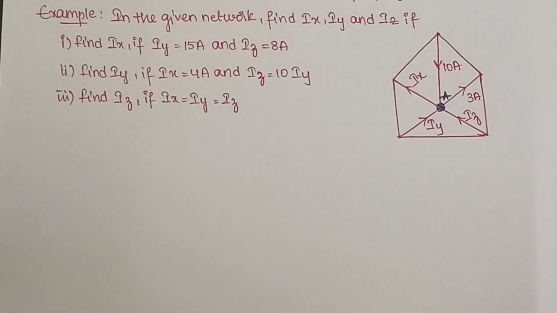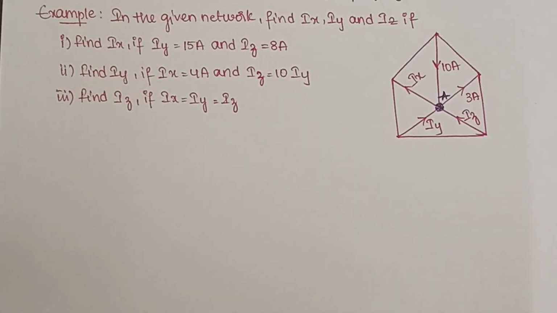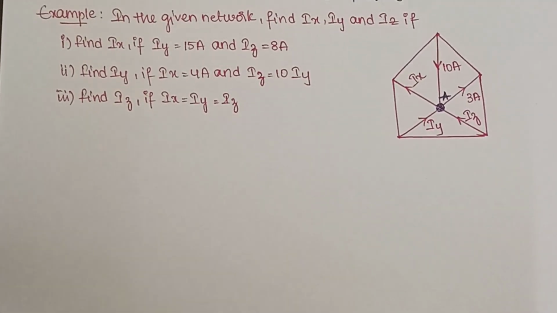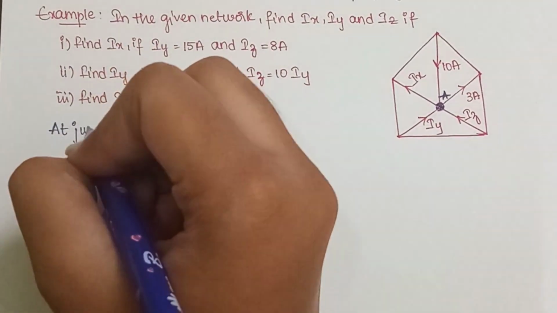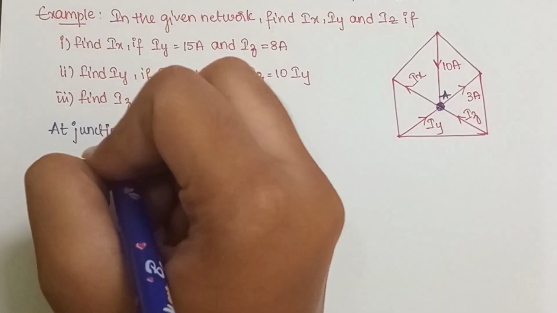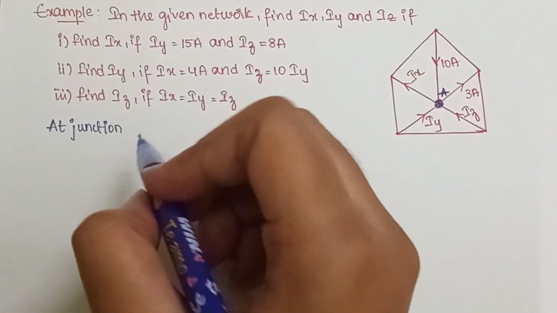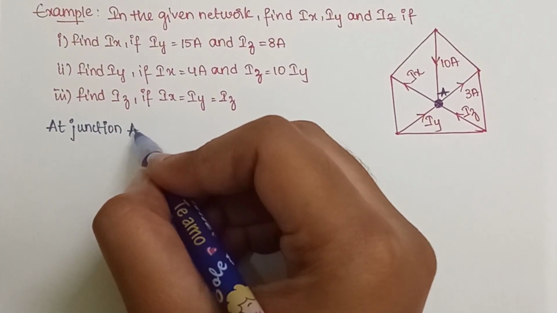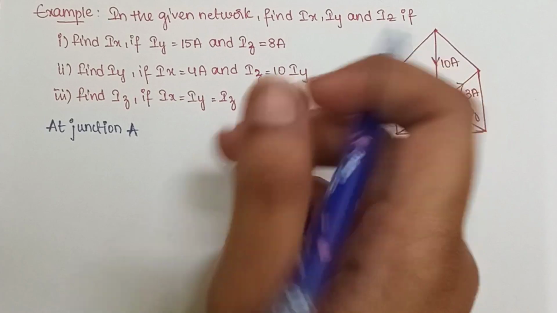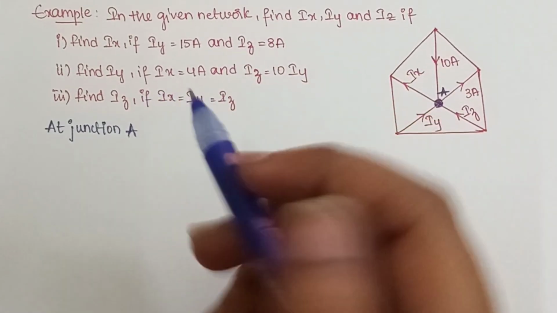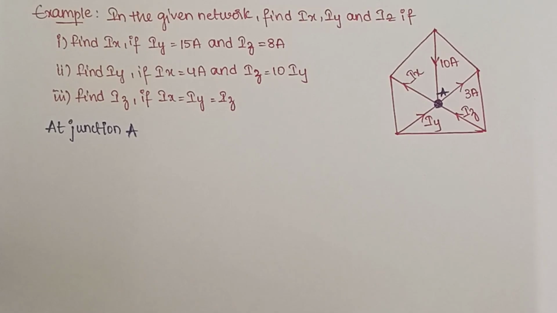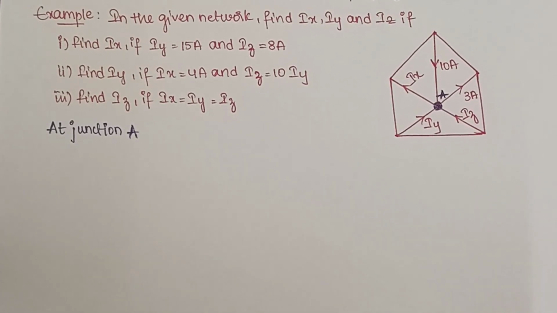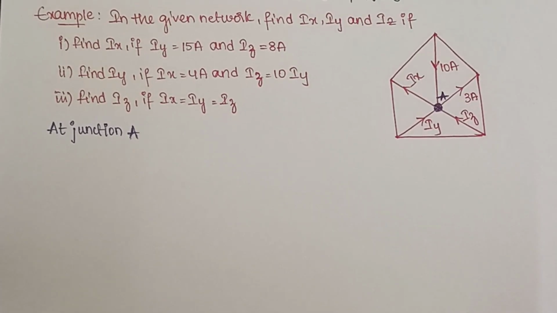Now what do we need to do? We need to apply KCL. The first step is at junction A. Since we are doing it for junction A, I told you that the sum of all currents should be equal to 0, or the sum of the incoming currents should be equal to the sum of the outgoing currents.